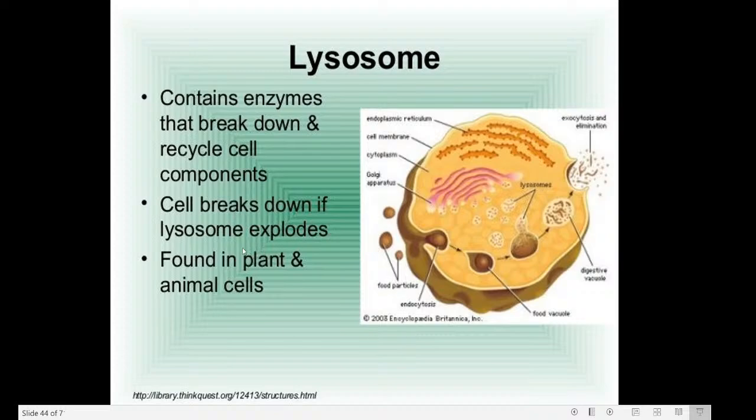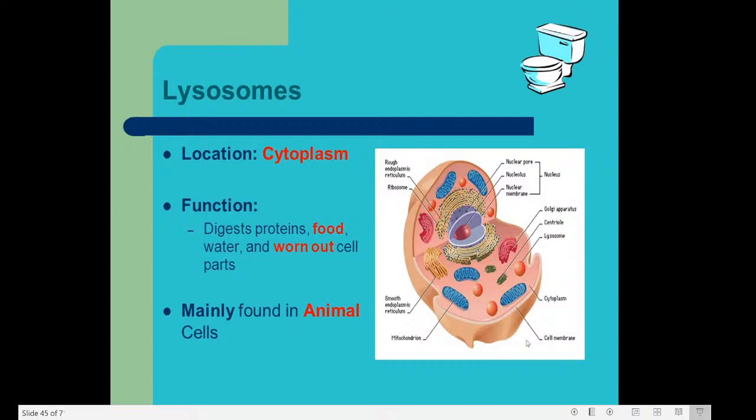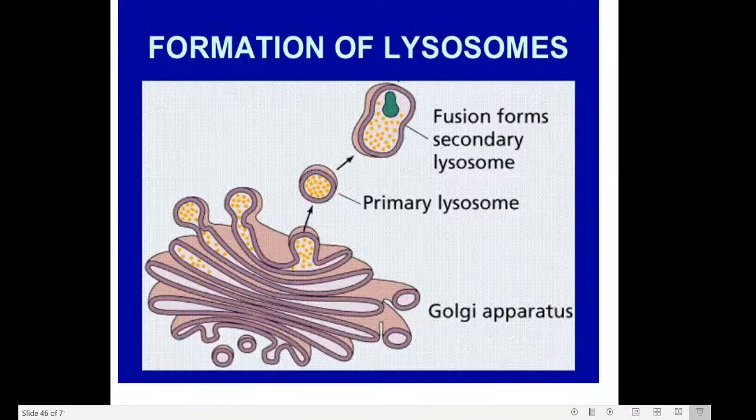The cell breaks down when the lysosome is exploded. This is found in plant and animal cells also. Lysosomes are present in the cytoplasm. The function is to digest protein, food, water, and worn-out cell parts, the unwanted things in the cells. It's mainly found playing a major role in animals.